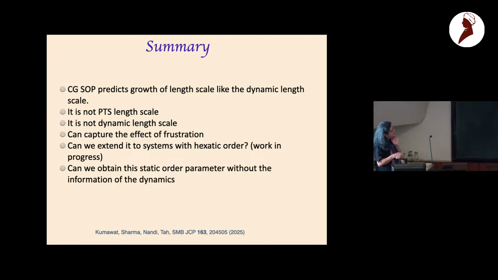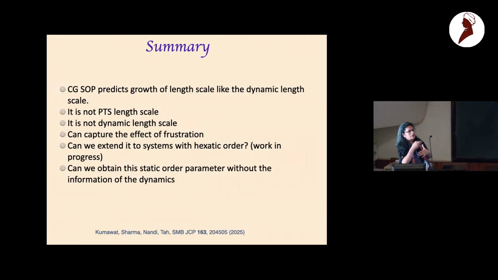Now, what I tried to say is that this coarse-grained length scale of the structural order parameter grows. I would call it a static length scale, not a dynamic length scale. It is not the point-to-set length scale, but if the length scale you get from LFS doesn't grow, you're happy and don't complain that it is not point-to-set, whereas if it grows, then I'm trying to do something like LFS.